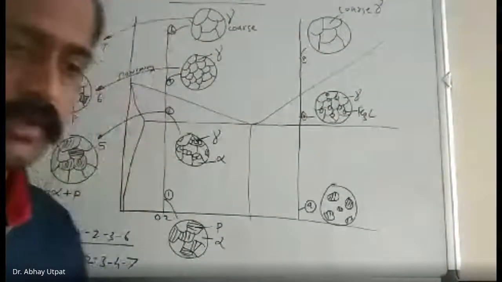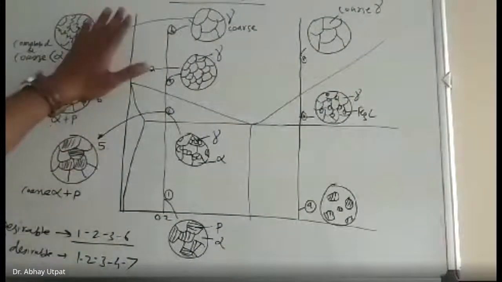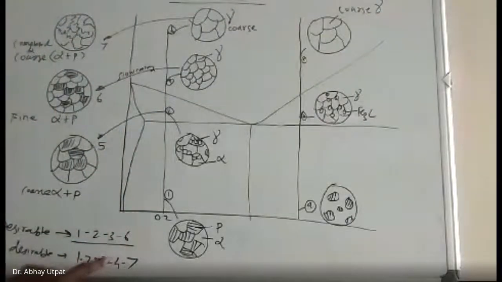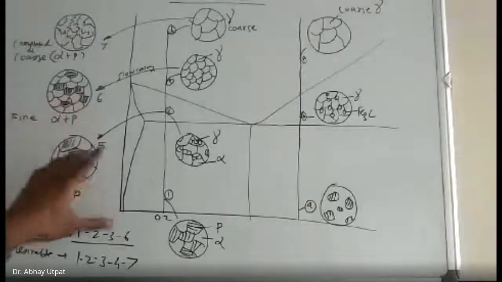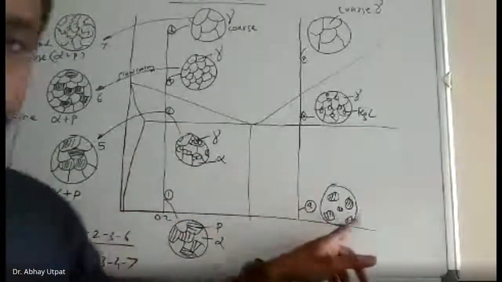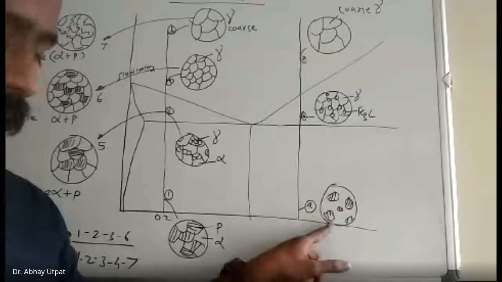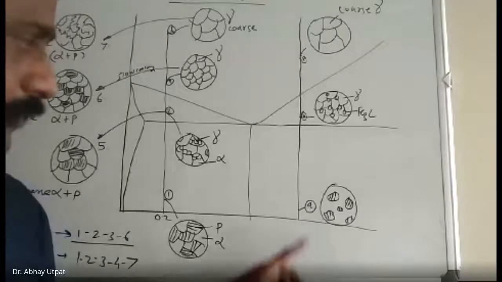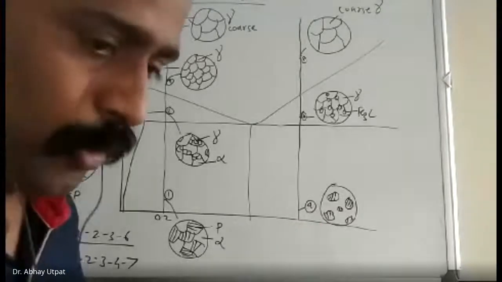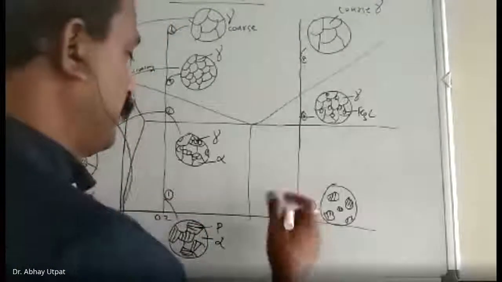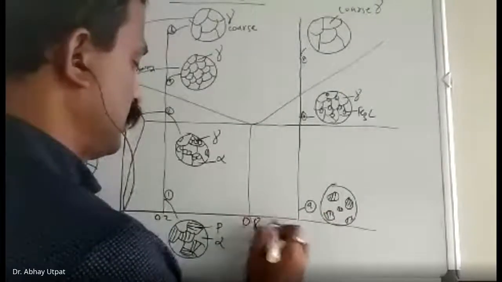Yes, sir. Okay. Now, this is the microstructure change for hypoeutectoid steel. Let us see for hypereutectoid steel. Now come and pay attention. I will give time. You are at point A. So this is point, that is eutectoid.